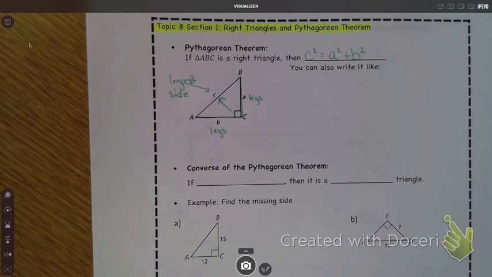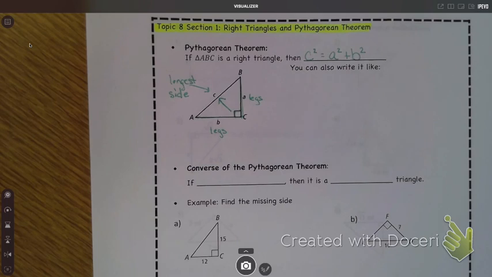Yes, because the other two angles have to add up to 90 degrees as well. So it is important to remember the hypotenuse is the longest side, across from the right angle. Again, does it matter which one's A and which one's B? No.